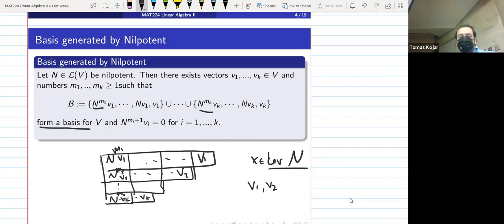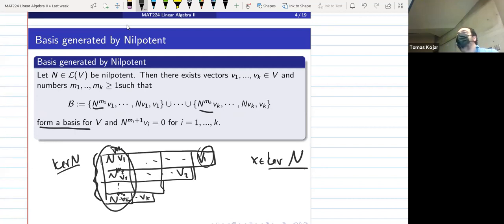Just to be clear, N of v1 is not zero. But all these last elements are mapped to zero, and they're linearly independent.